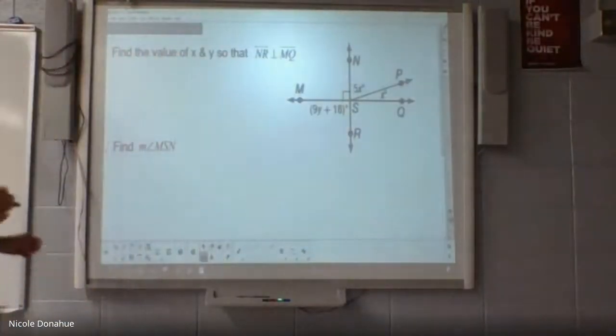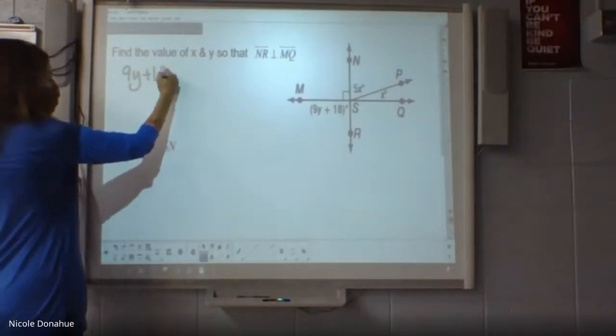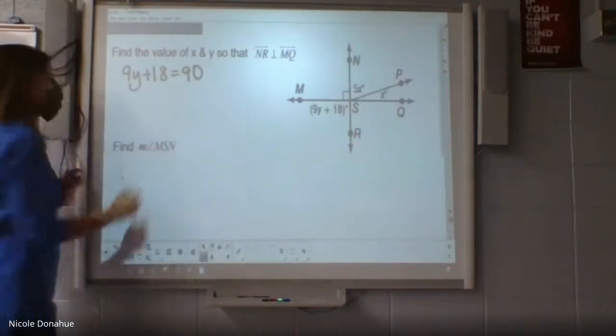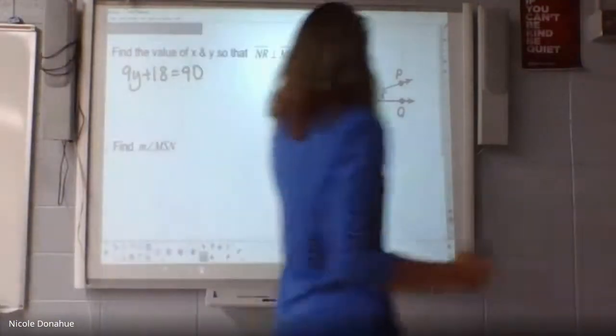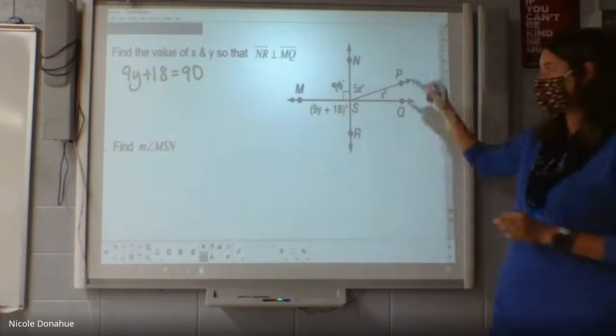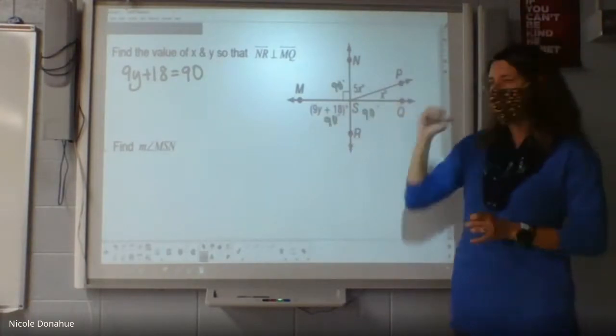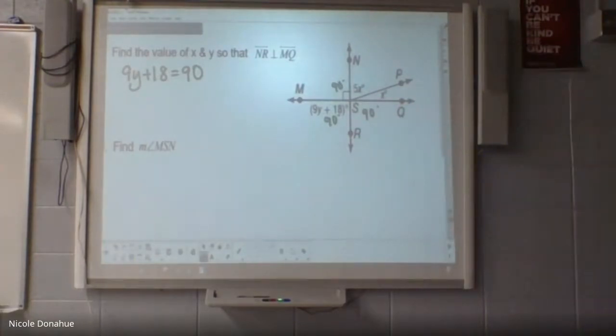I had 9y plus 18 equals 90 because it's perpendicular. Yeah, so remember when we have a 90-degree angle or we want it to be perpendicular, that means they all should be 90. So this should also be 90. This would be 90. We'll talk about that up there in a second. So all of those should be 90. So we're saying 9y plus 18 better equal 90.